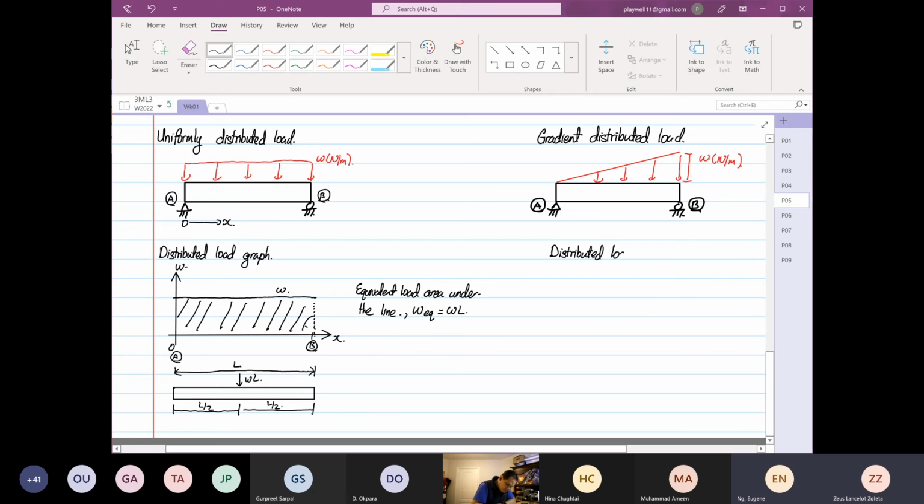So for this case, we are going to construct our distributed load graph. We have our axes over here, and now you all have the idea. This is your x, this is your omega, and our distributed load now looks like this.